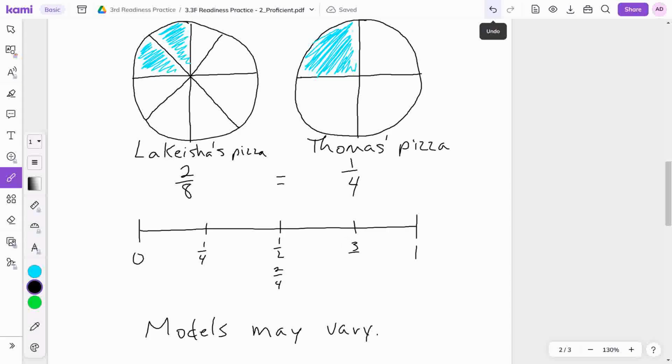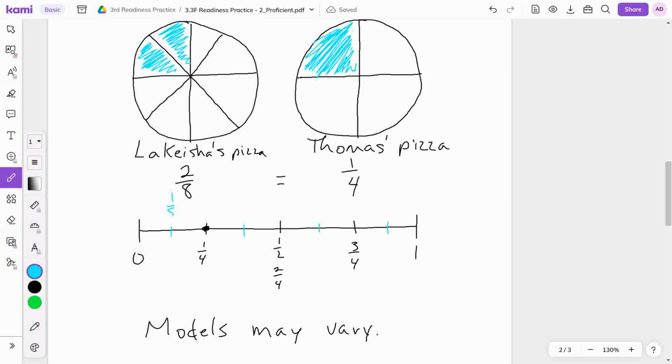That's 3/4. All right, so Lakeisha ate right there. There's that 1/4. Okay? But how can we show, or that's what Thomas ate, is that 1/4. How can we show that's equivalent to the 2/8? Well, what I want to do is I want to cut each fourth in half. And look what I get.